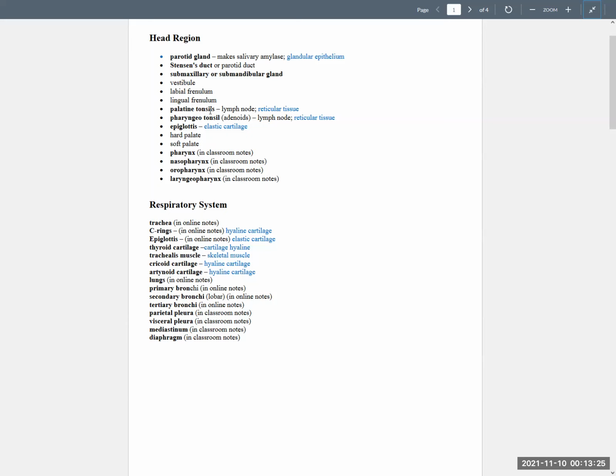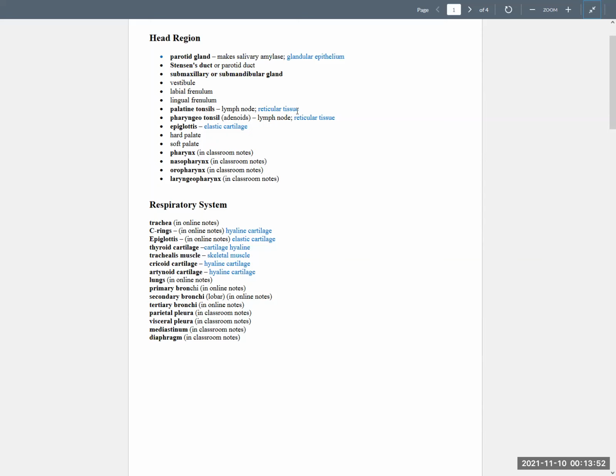The palatine tonsils are what we call lymph nodes. And the lymph node is really like a chamber. It has lots of passageways and lots of crevices where white blood cells can accumulate. The type of tissue is called a reticular tissue.